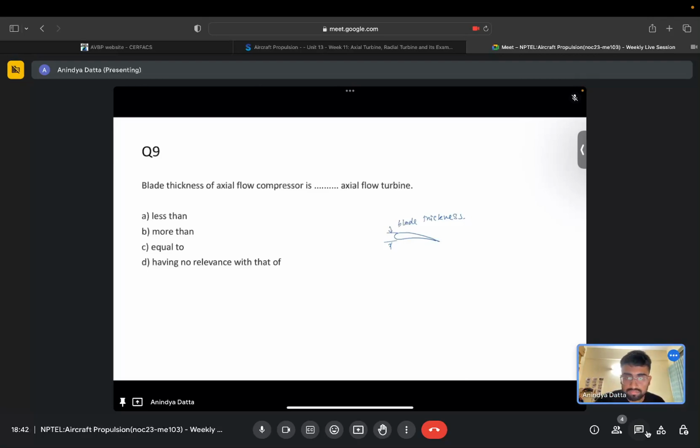Any idea? Compressor blades have higher thickness, or, yeah, it's less. Can you tell me the reason why it is so? The correct answer is less.